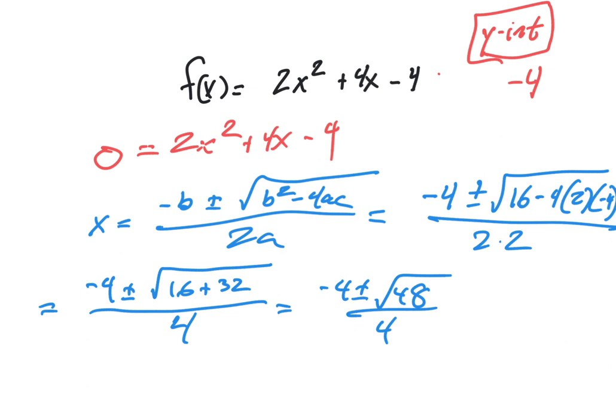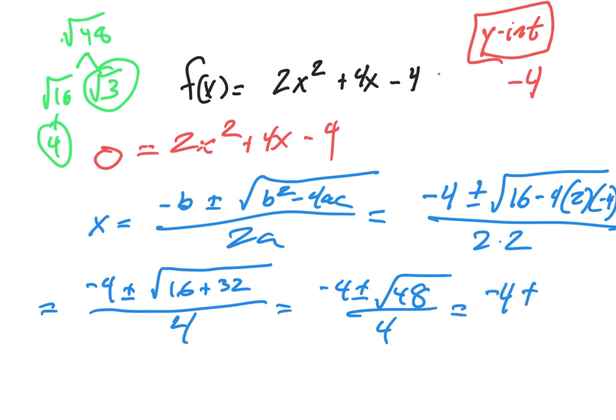And then I recall back to a long time ago when we had to simplify radicals. Square root of 48 is equal to square root of 16 times square root of 3, because 16 times 3 is 48. Square root of 16 is 4. Square root of 3 is prime. I'm left with down here negative 4 plus or minus 4 root 3 over 4.